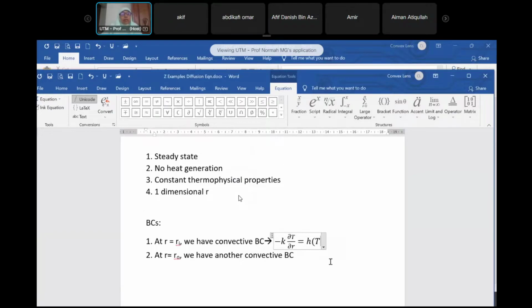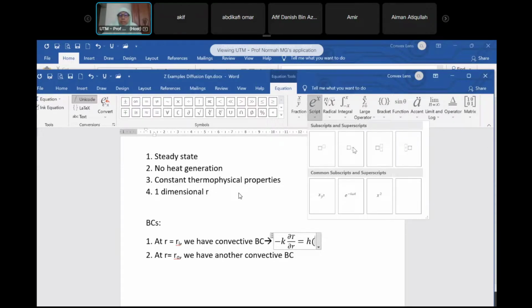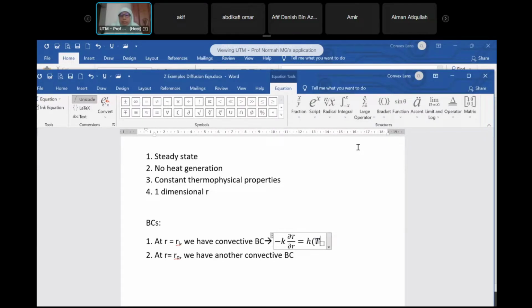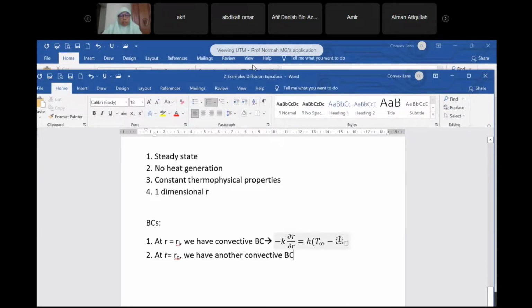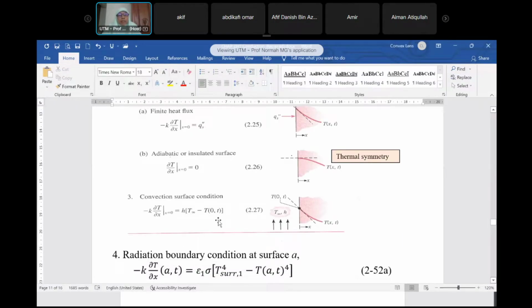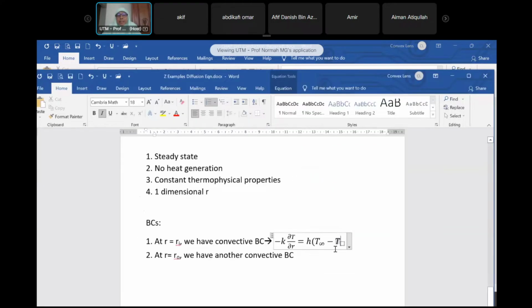T infinity minus T. That means at that location at any time, it is unsteady but steady state, right?